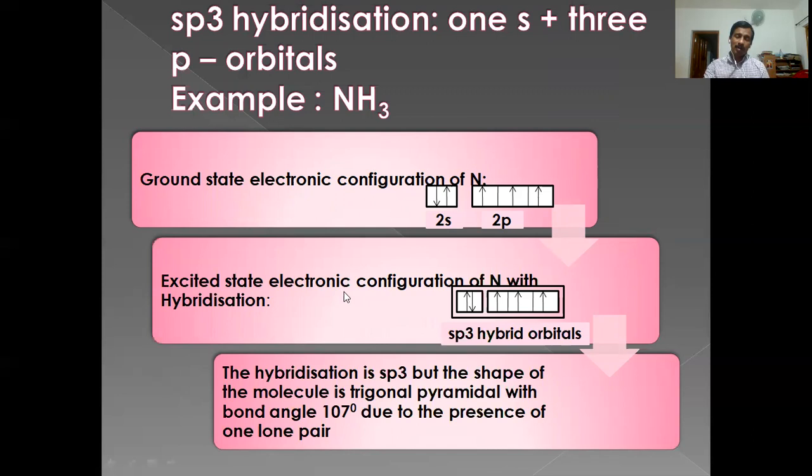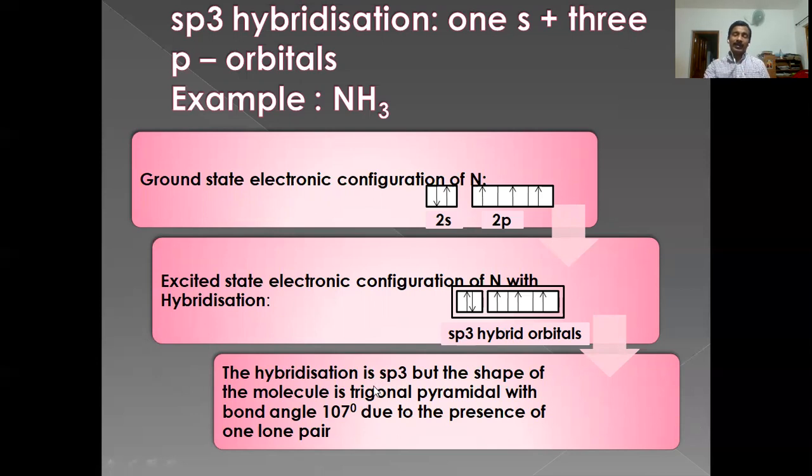This one s orbital and three p orbitals undergo hybridization to form four orbitals of the same shape and energy. They are sp3 hybrid orbitals. But one sp3 hybrid orbital contains a pair of electrons. The other three contain unpaired electrons. Therefore, these three orbitals can overlap with the hydrogen atoms to form bonds.